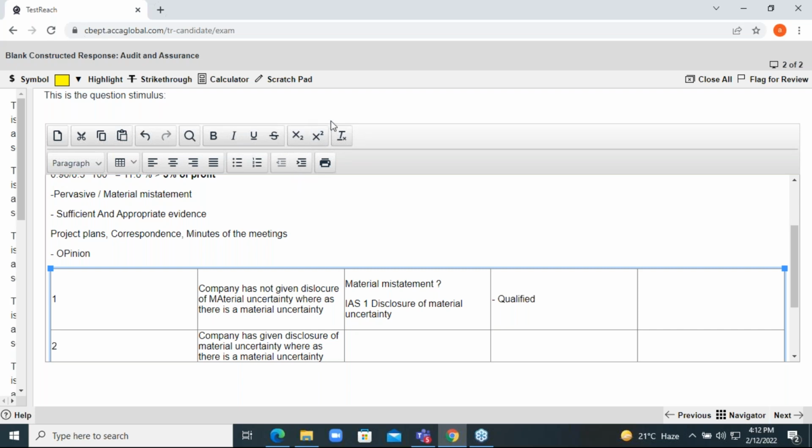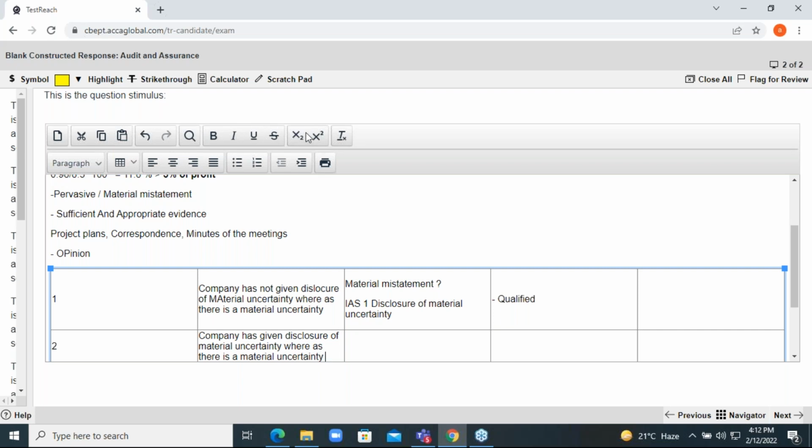Now, there are three types: unmodified opinion with modified report means the three paragraphs, or modified opinion means qualified, adverse, or disclaimer. Prasad is saying unmodified opinion. Okay, I guess now I am correct. Shazeb is saying unmodified with going concern para.